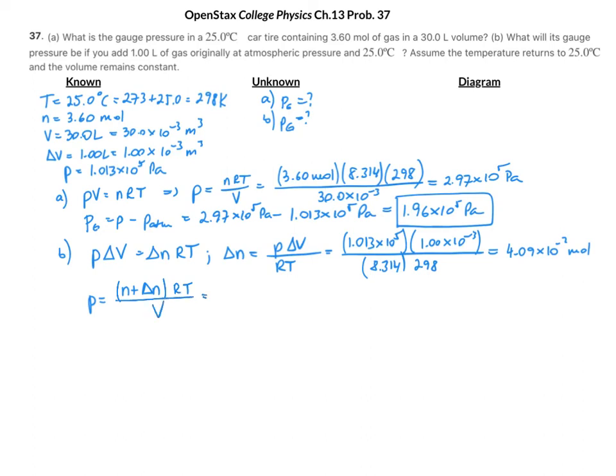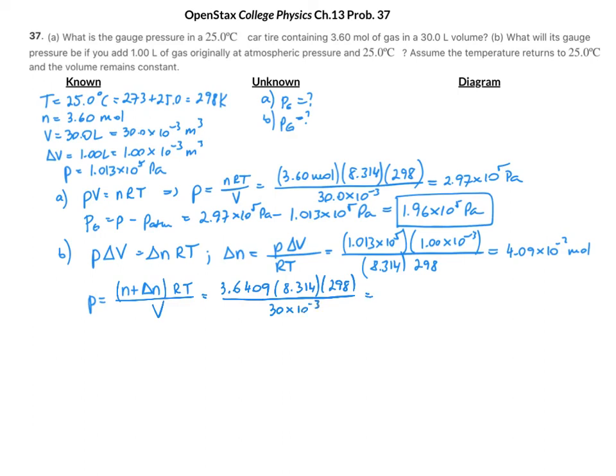So this will be 3.6409. So that's the new number of moles times R, 8.314, times 298 Kelvin divided by 30 times 10 to the negative 3 cubic meters.